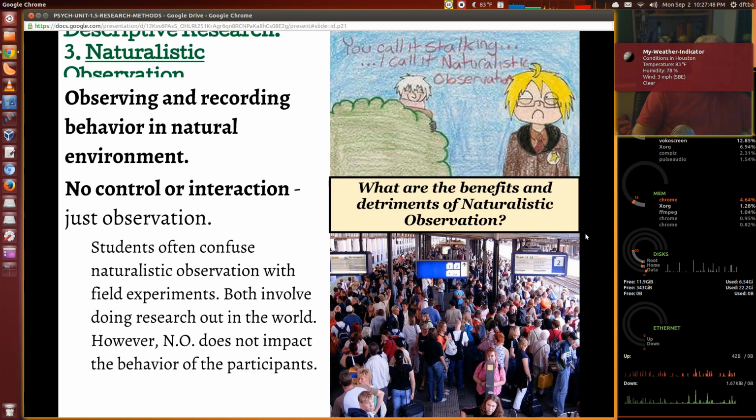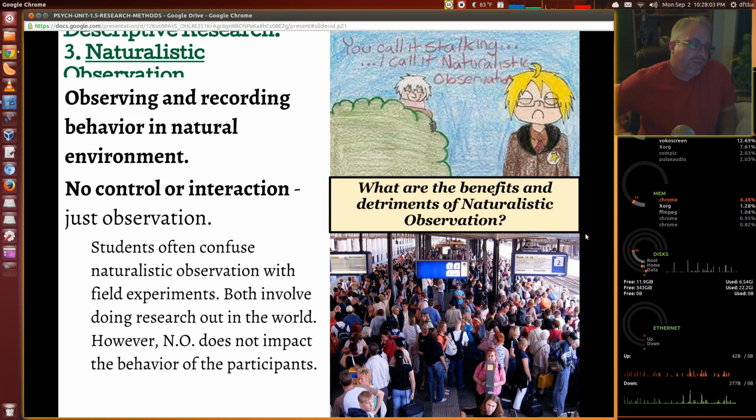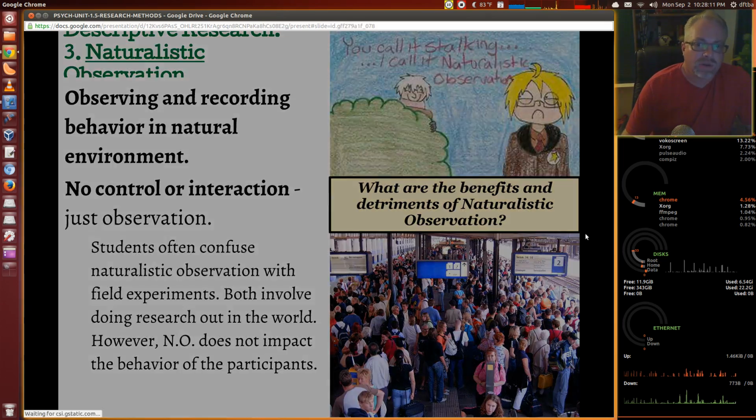So naturalistic observation does not impact the behavior of participants. Students sometimes confuse this with field experiments, and that's not exactly the same thing. Both involve doing research out in the real world and in a non-lab situation, but it definitely is not a field experiment when you're doing naturalistic observation.